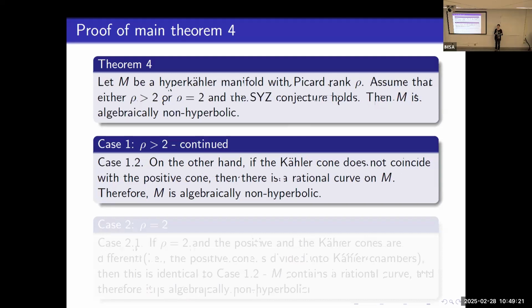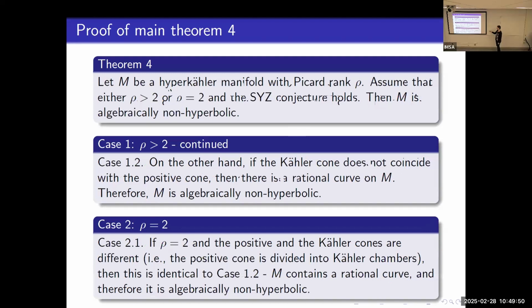Basically, these walls are perpendicular, with respect to the Beauville-Bogomolov-Fujiki form, to some curve classes. But this means rational curves exist on M, and then it's automatically algebraically non-hyperbolic. So whenever the Kähler cone doesn't coincide with the positive cone, we automatically have algebraic non-hyperbolicity. That's true also in the case when rho is 2, and of course when rho is 1 as well.